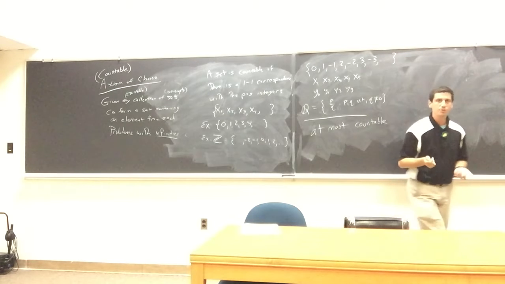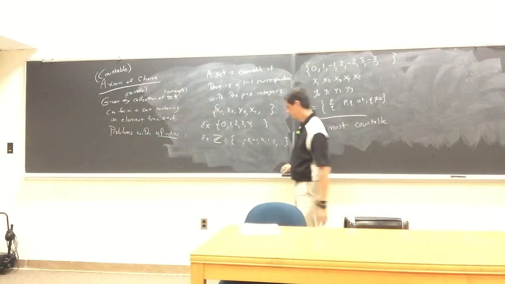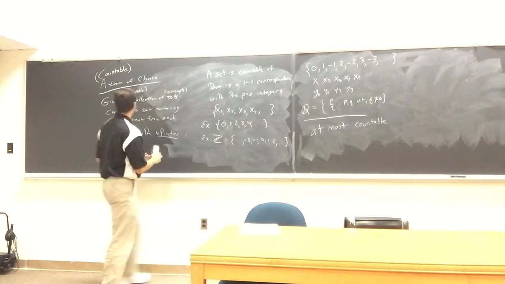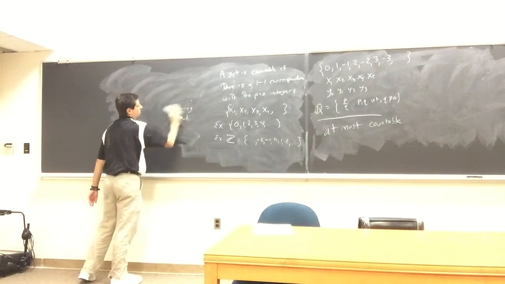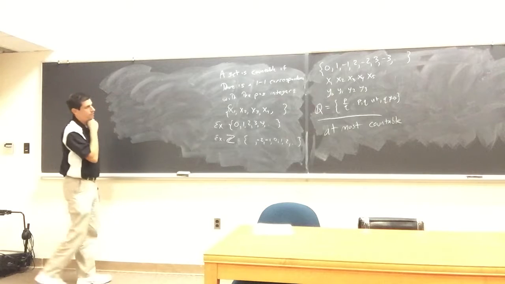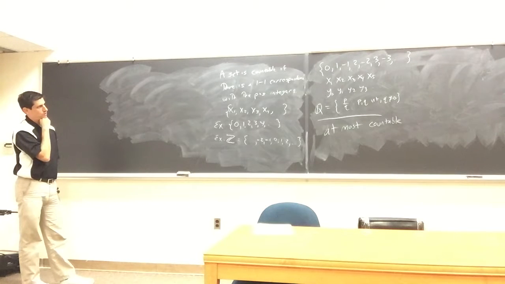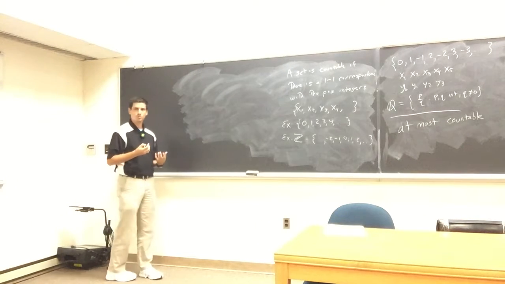So what we're going to do now is we're going to play the games of different orders of infinity. Okay. So now we're going to get rid of the axiom of choice right now. So a set is at most countable if it's either finite or there's a one-to-one correspondence.